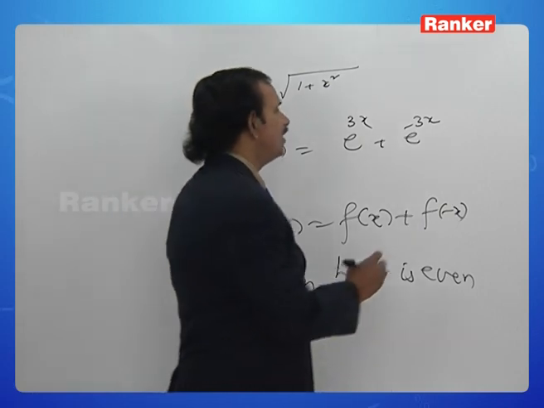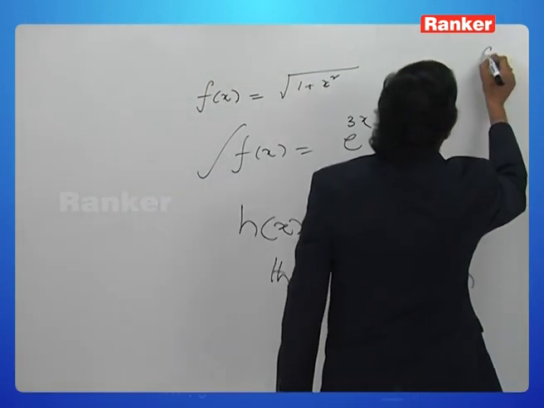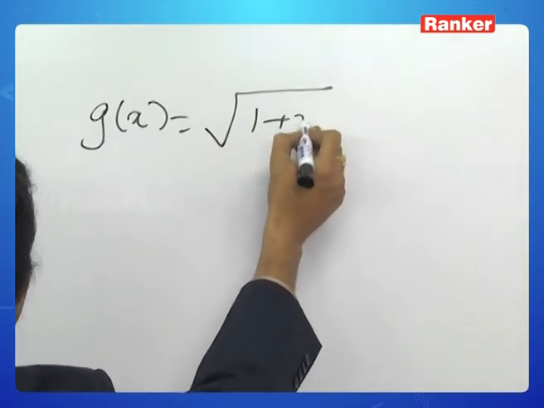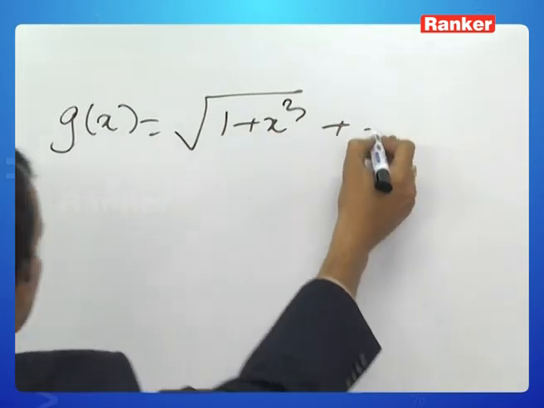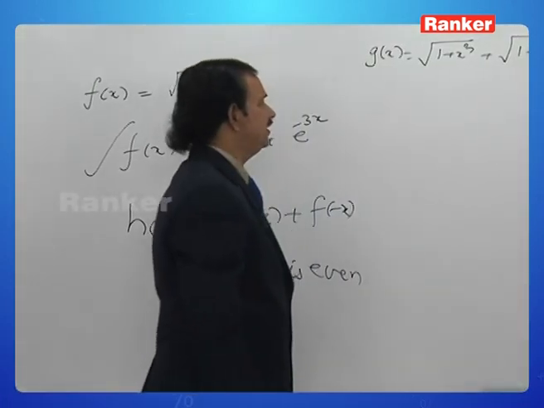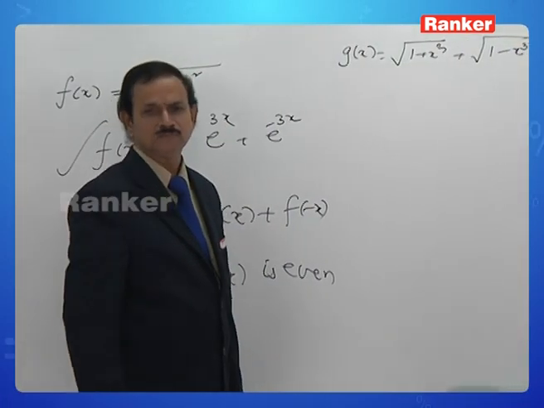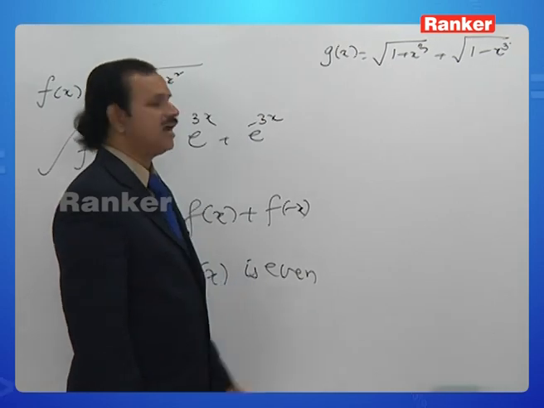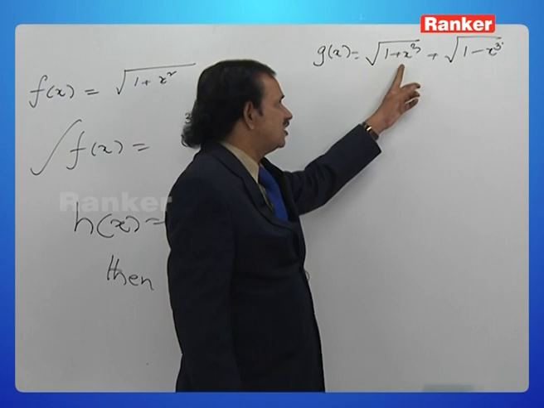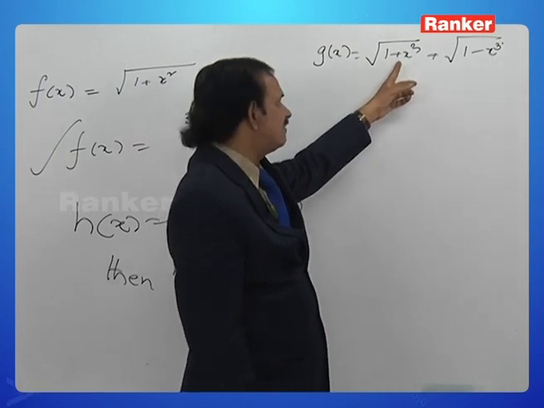Let me give you one more example. g of x is equal to square root of 1 plus x cube plus square root of 1 minus x cube. Is it even or not? Let us test. Let me call this f of x. What is f of minus x?